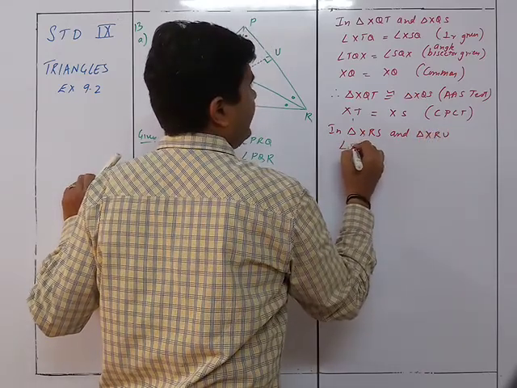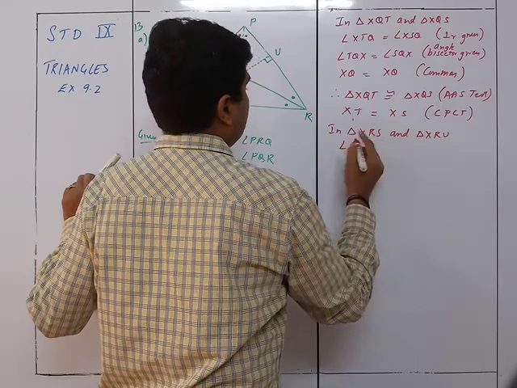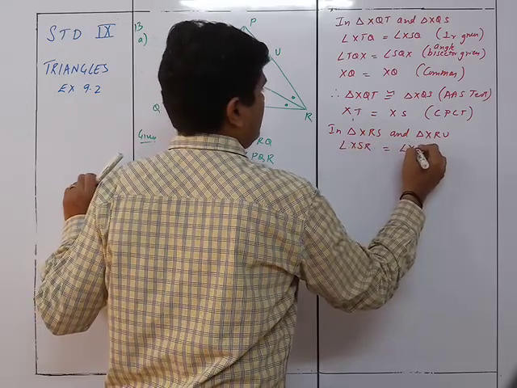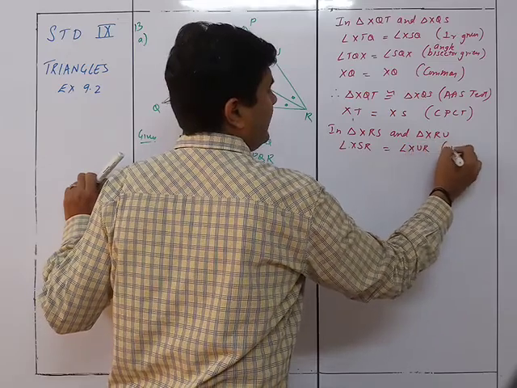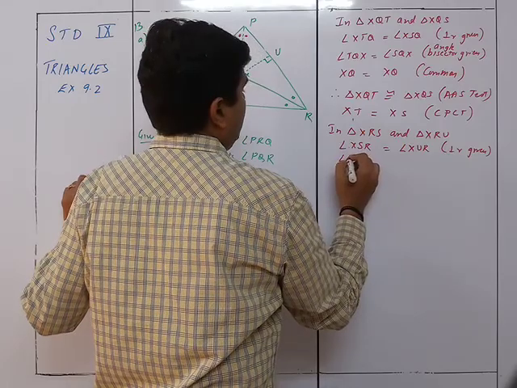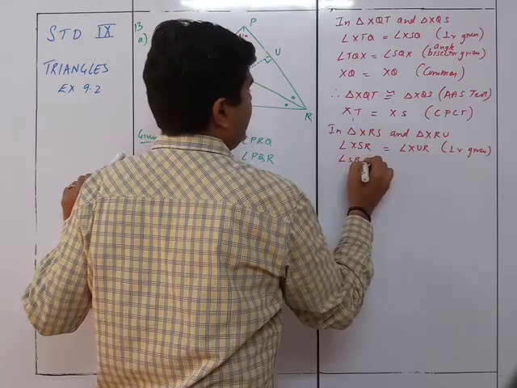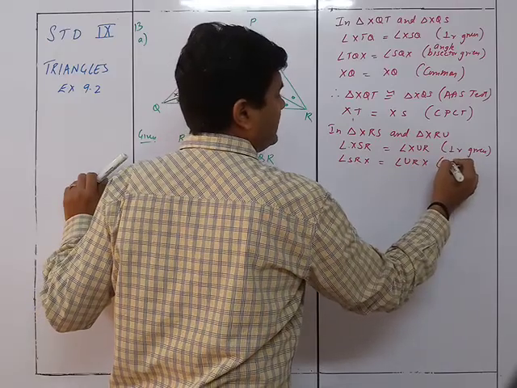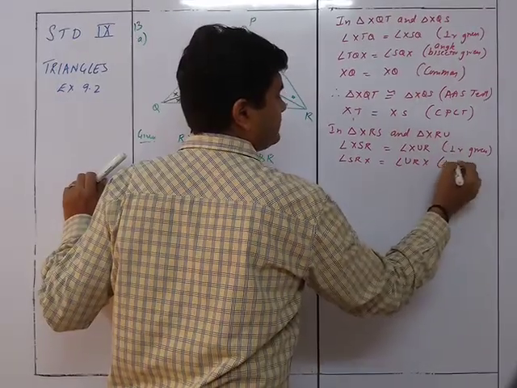Angle XSR is equal to angle XUR, perpendicular given. Angle SRX is equal to angle URX, angle bisector.